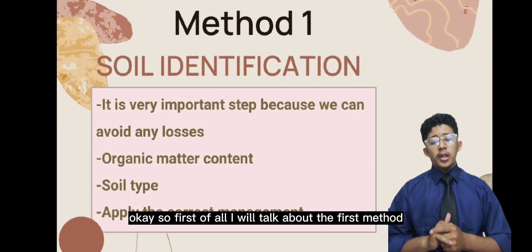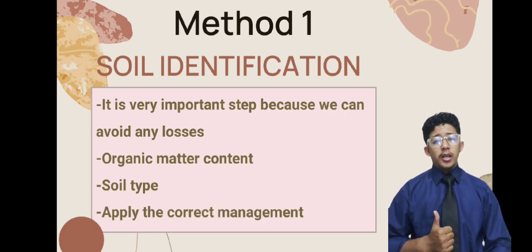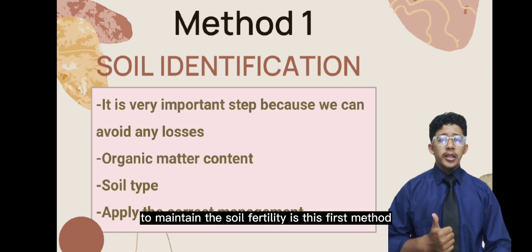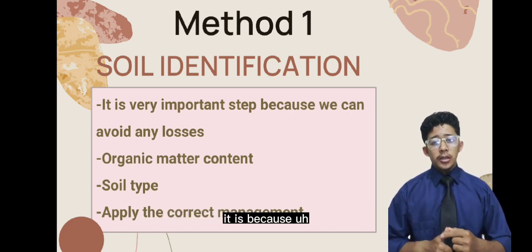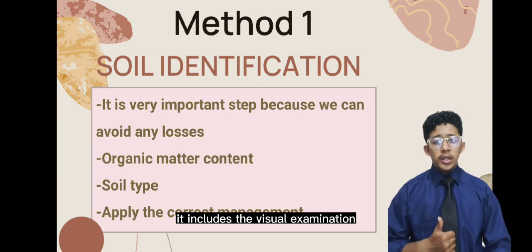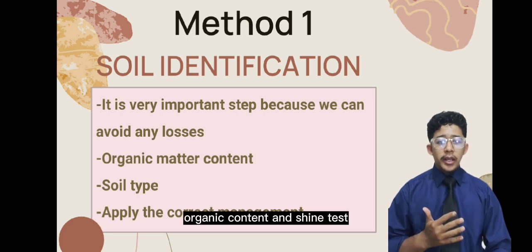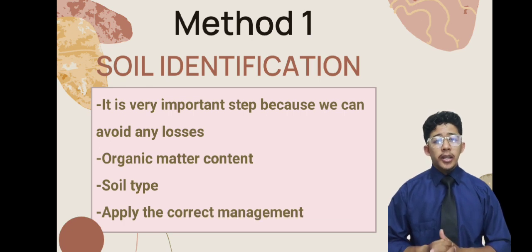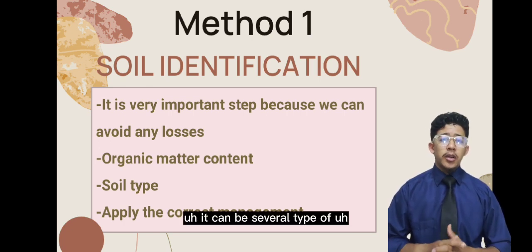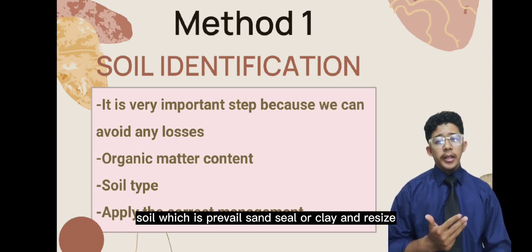Okay, so first of all, I will talk about the first method, which is soil identification. One of the most important things to maintain the soil fertility is this first method. It is because it includes the visual examination, dilatancy, toughness, dry strength, organic content and shine test. Based on the size of the soil, there can be several types of soil, which are gravel, sand, silt or clay.